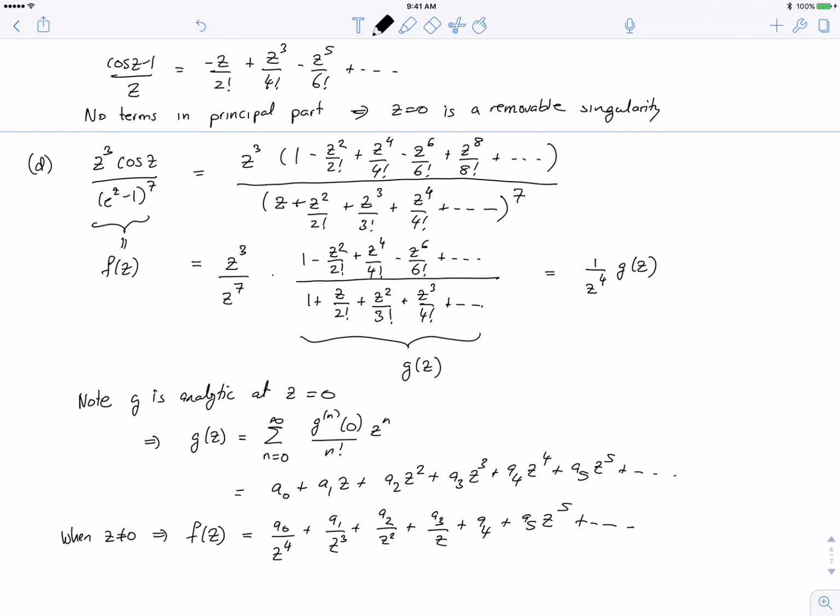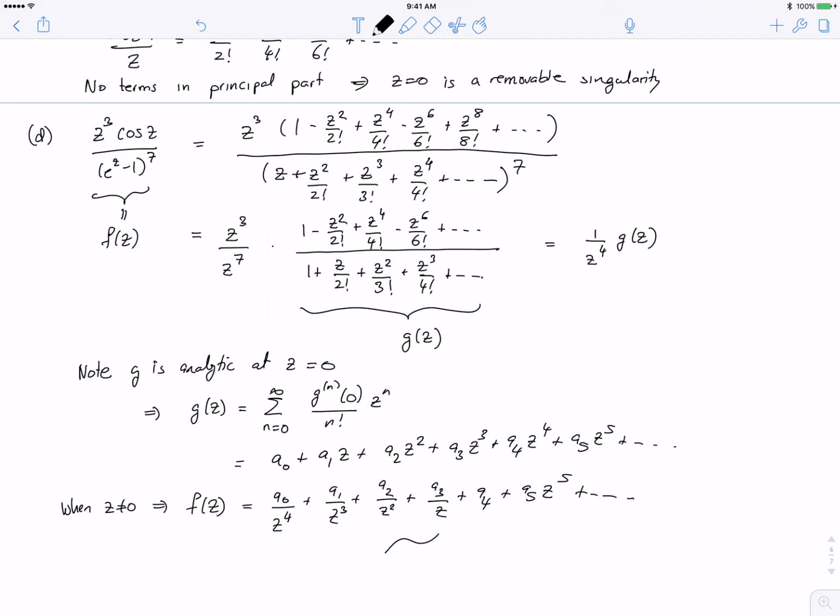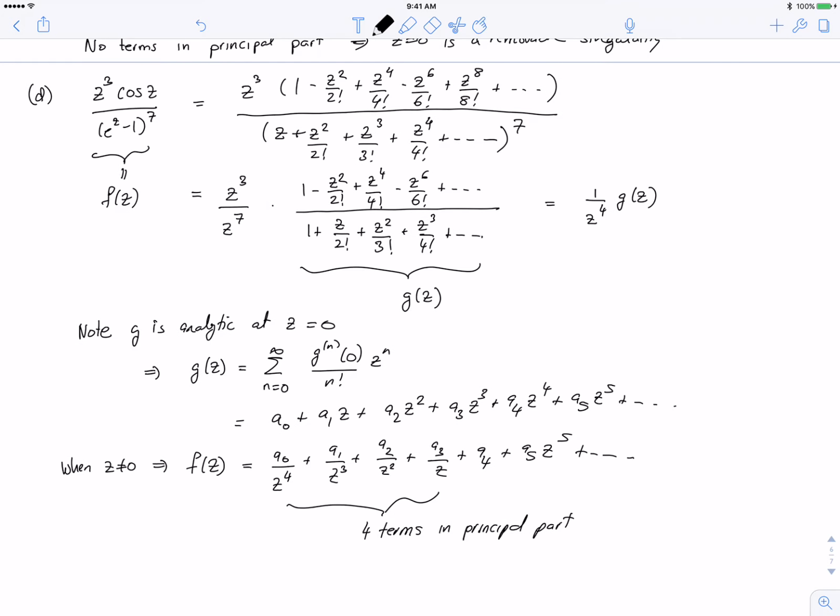And as you can see, there are 4 terms that have a negative power of z. So there are 4 terms in the principal part. Therefore, z equals 0 is a pole of order 4.